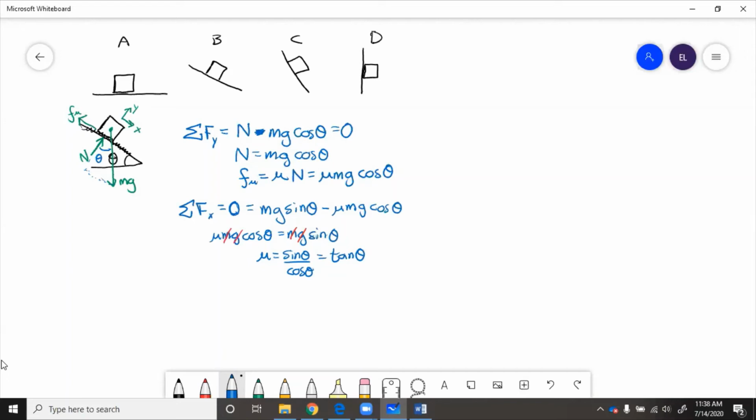So the friction to keep this block from sliding has to be greater than the tangent of theta. If the block does slide, that means tangent theta is greater than the friction coefficient. So the angle that the block will slide at is going to be tan inverse of the coefficient equals theta.